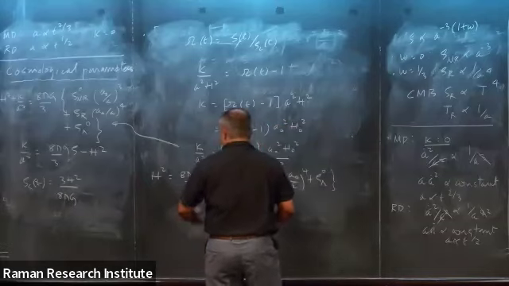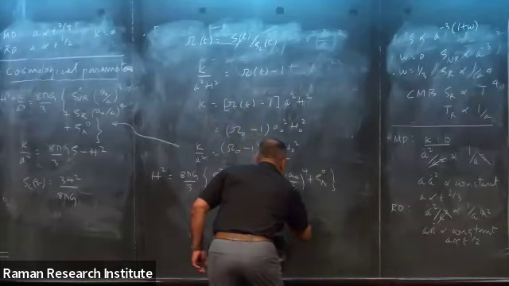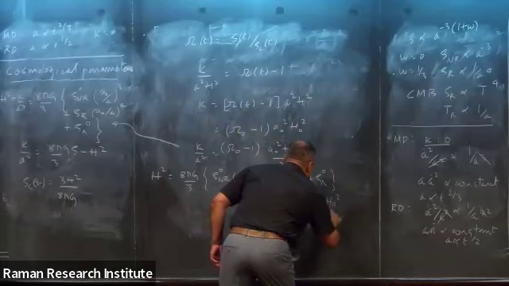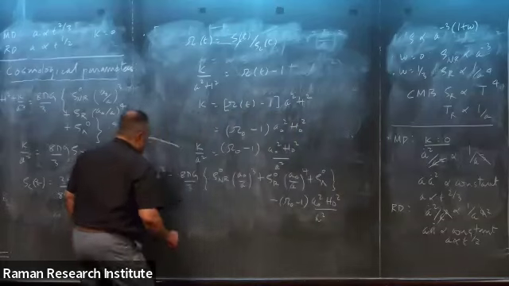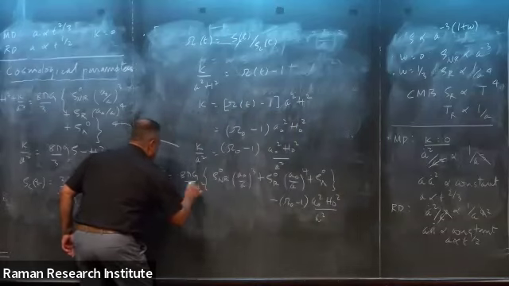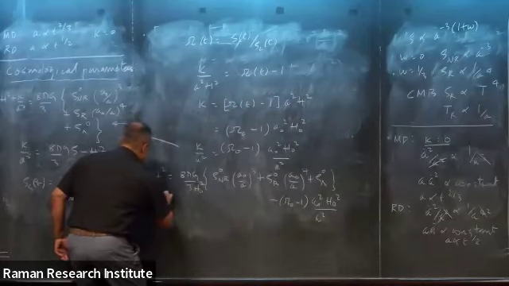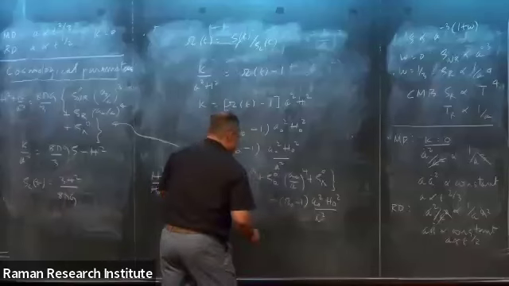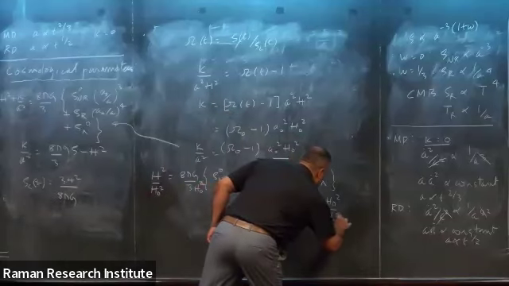What else do I have? Minus omega naught minus 1 a naught square h naught square divided by a square. Okay, I'm dividing everywhere by h naught square.